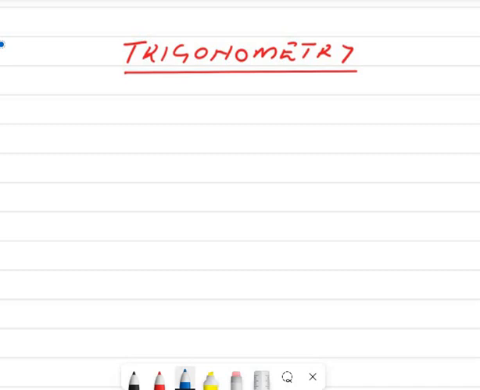Today we are going to focus on the three major functions that make up trigonometry, and these are the sine, cosine, and tangent. These are three functions.